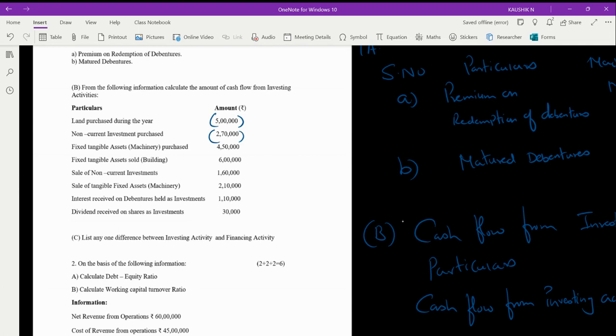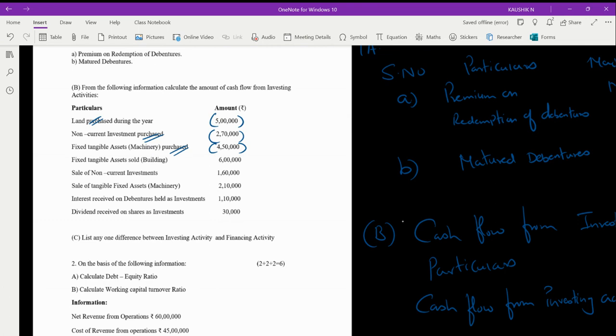Fixed tangible asset machinery purchased. Inflow or outflow? Outflow of cash. You have a clue: purchased, purchased, and here also purchased. If it is purchased, then it is an outflow of cash. So three items will come in outflow of cash.